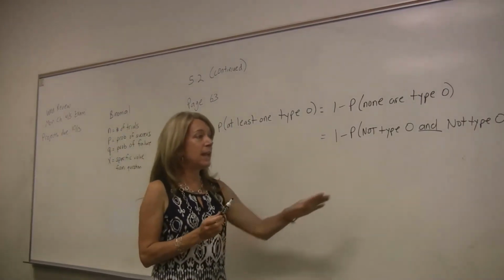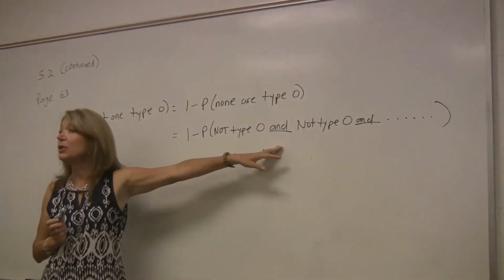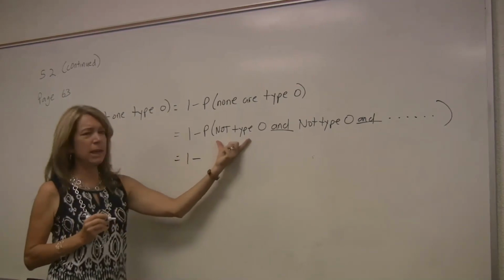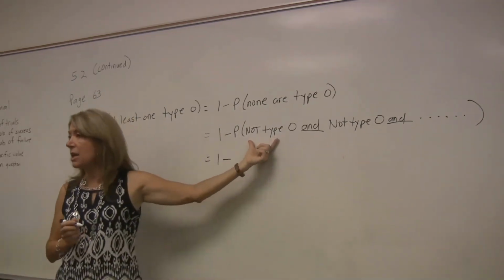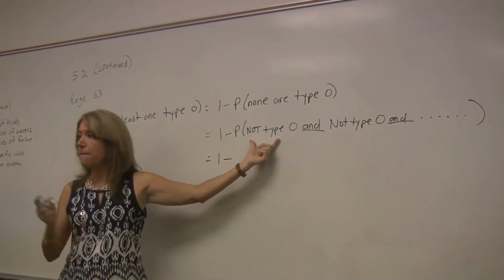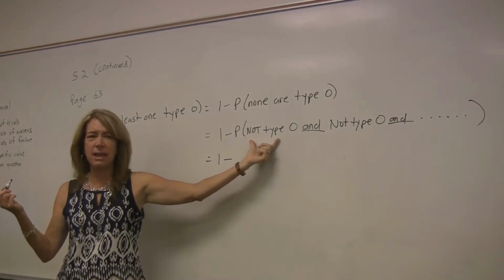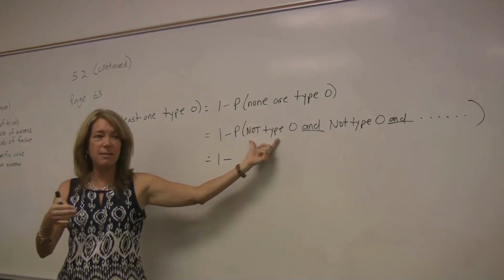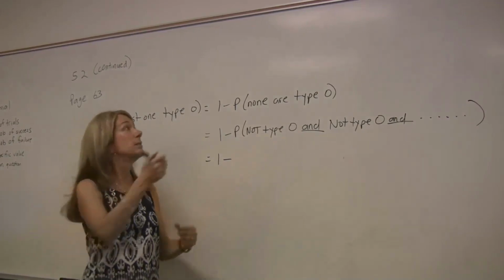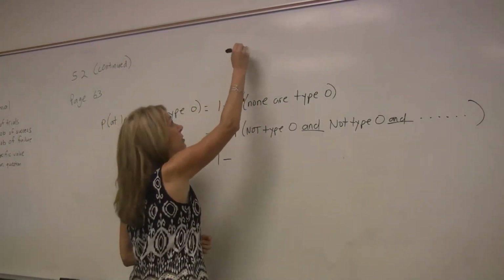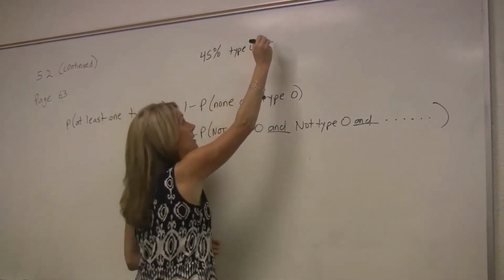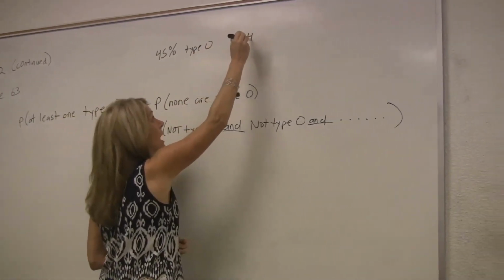Okay, and when it's an and, we do what? Multiply the probabilities. Well, what is the probability that one person is not type O? 55%, he says. Where do you get that? Because 45% is the probability that you are type O, right? If 45% are type O, that's a probability equal to 0.45, right?